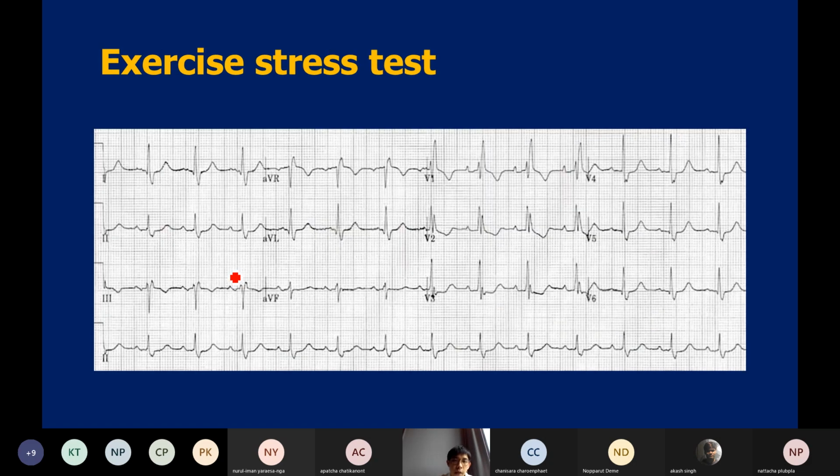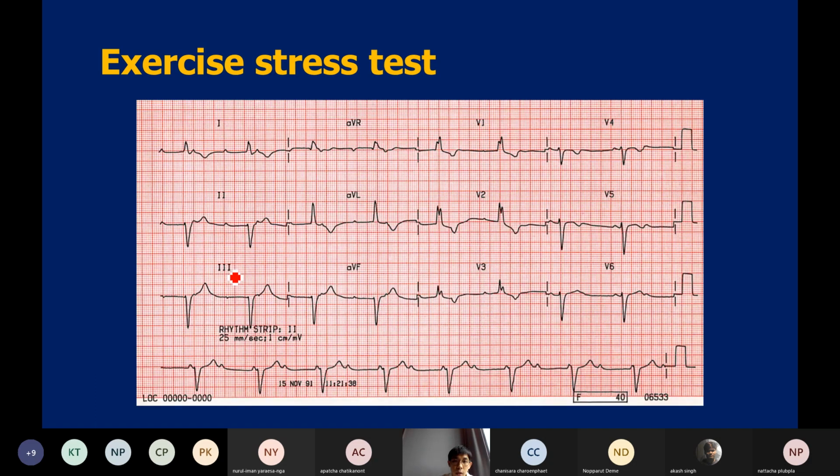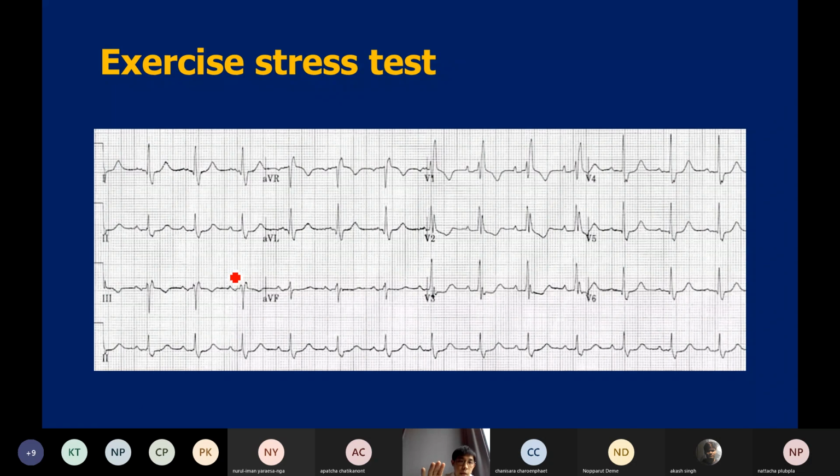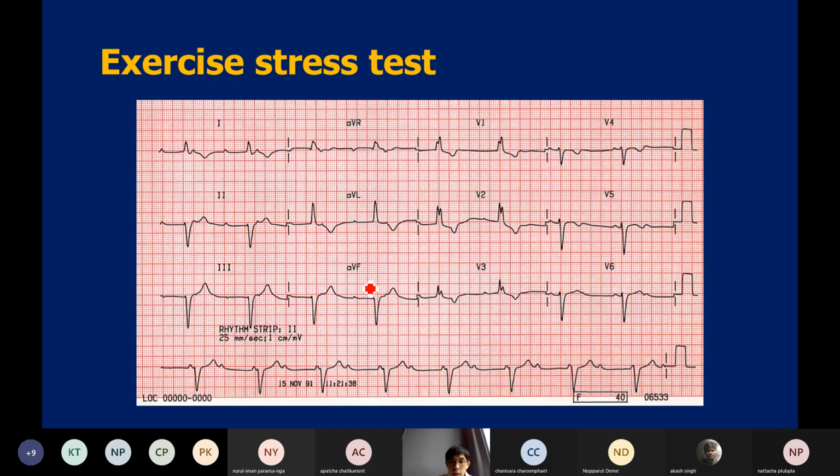In this patient, this is the ECG with sinus rhythm and right bundle branch block, and we do the exercise test, and the ECG appears like this.